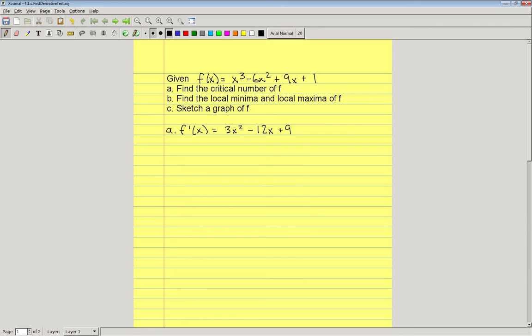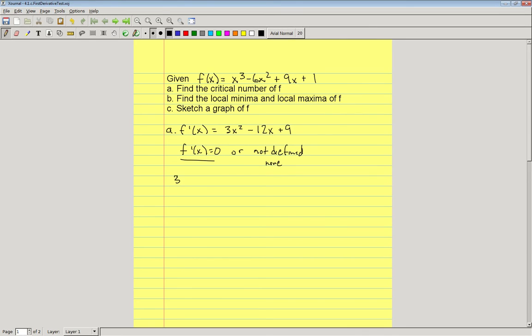Our goal is to find where f prime is equal to 0, or it is not defined. Since f prime is a polynomial function, we know that there are none of these points where the function is not defined, so we're just interested in where the derivative is equal to 0.